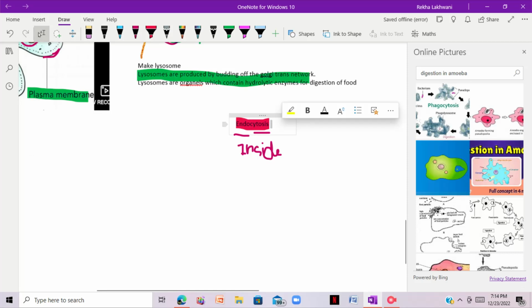Now look at the whole process of this digestion. Let's start this diagram.